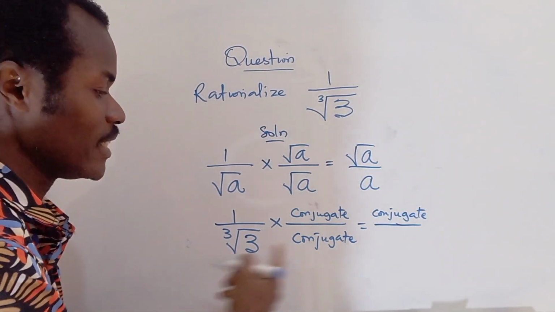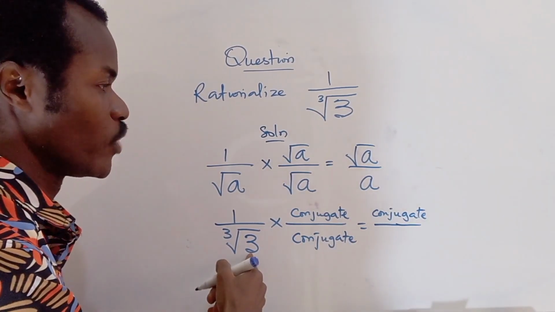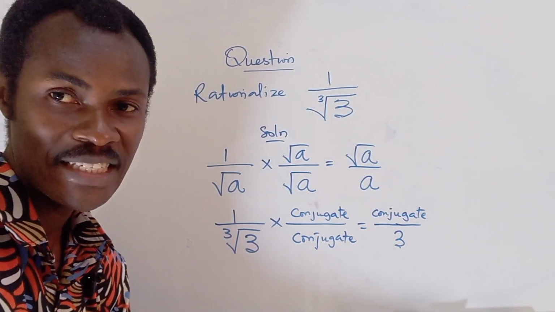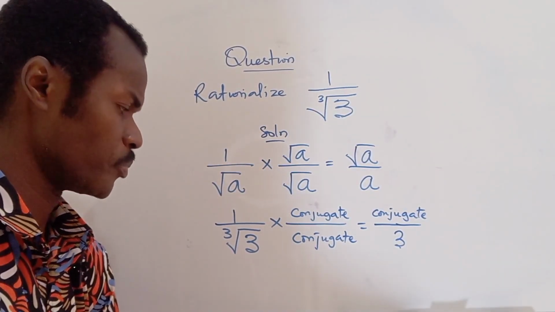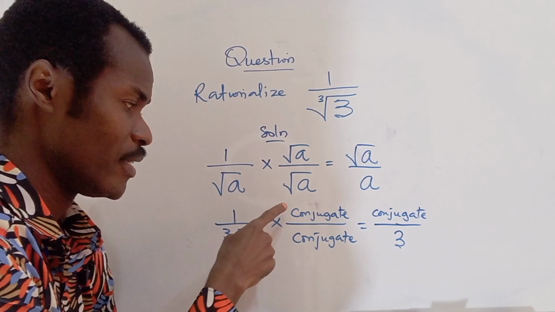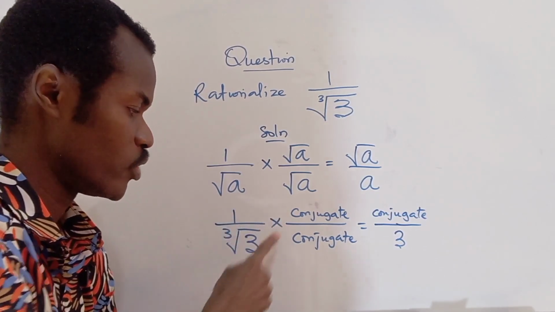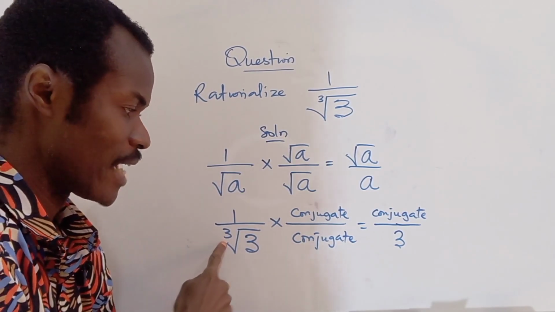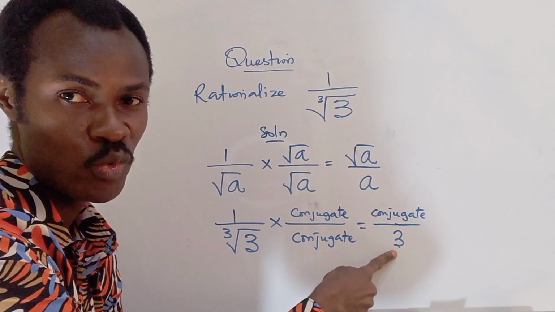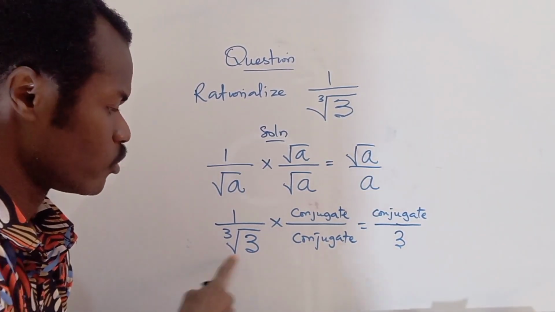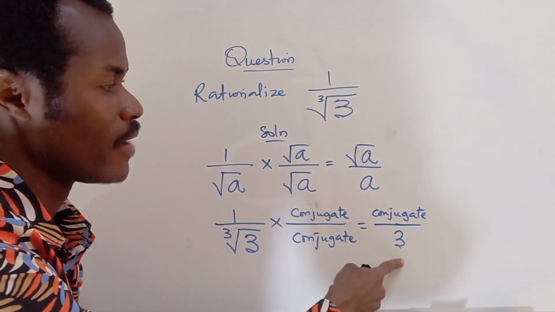So this time they should give us what we have inside here, which is 3. So this is the basic idea of rationalizing, where we multiply the numerator by the conjugate and the denominator by the conjugate. But by the time we multiply this by the conjugate, we should be left with 3. So what conjugate are we going to use to multiply this to have 3?